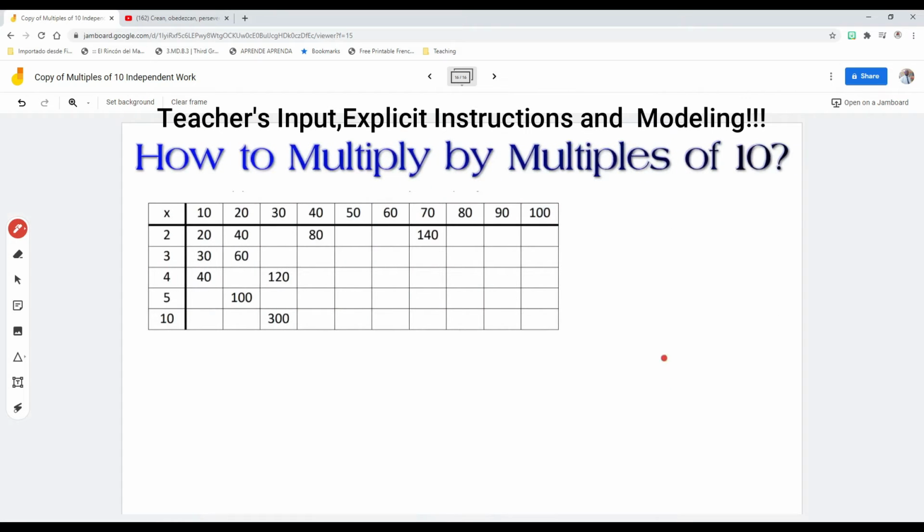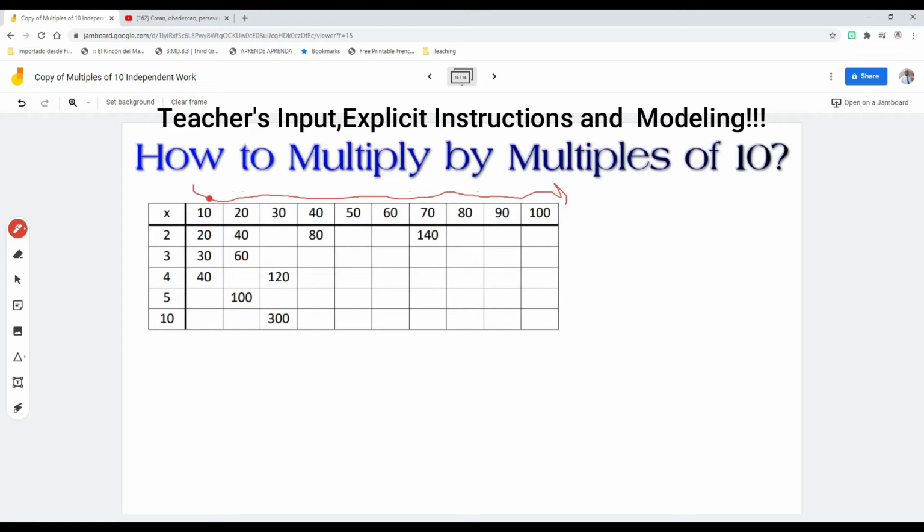Next activity. Here we are using the times tables. Which times tables are we talking about? We are talking about the 2, 3, 4, 5 times tables by multiples of 10. These numbers are multiples of 10. You'll be wondering why we call them multiples of 10.